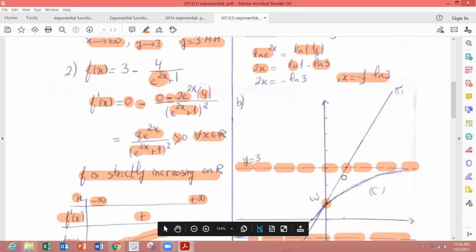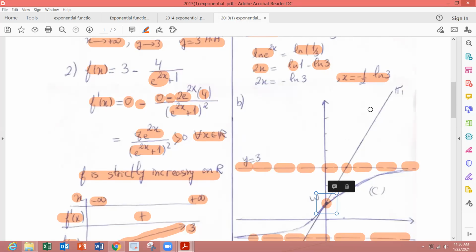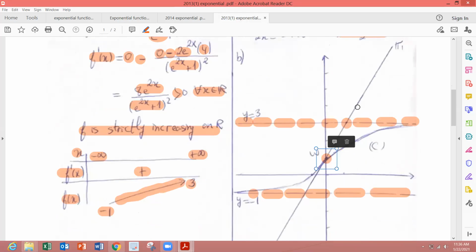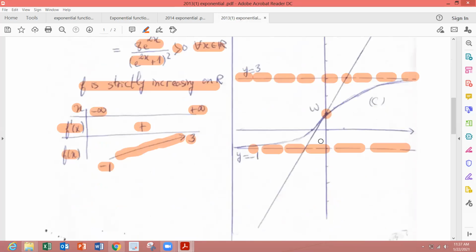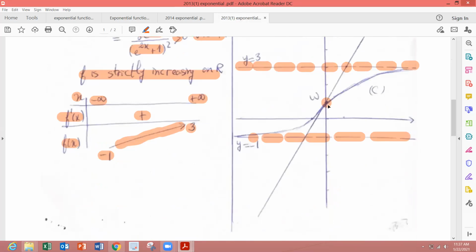We get this tangent. How did we get these points? This line has the equation y equals 2x plus 1. It passes through x 0, y 1, and x 1, y 3. 0, 1 and 1, 3. You draw this tangent.